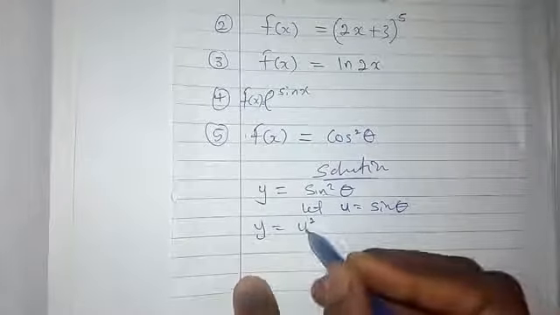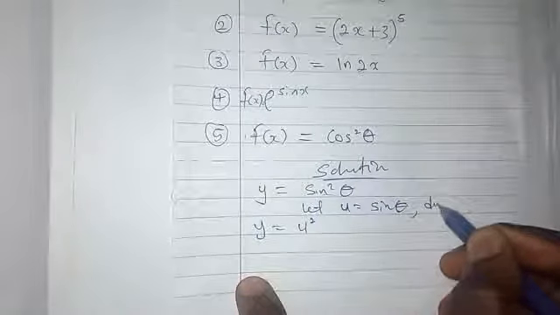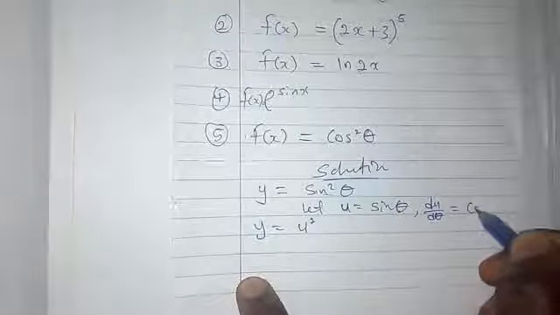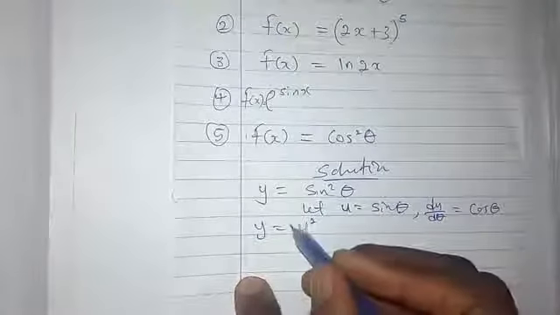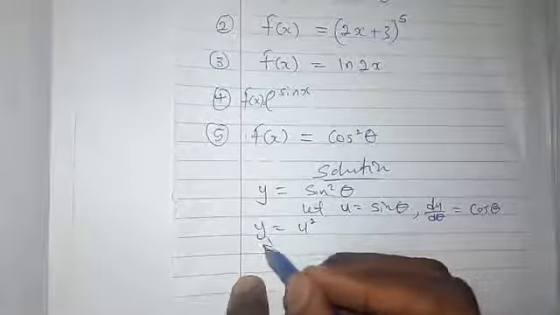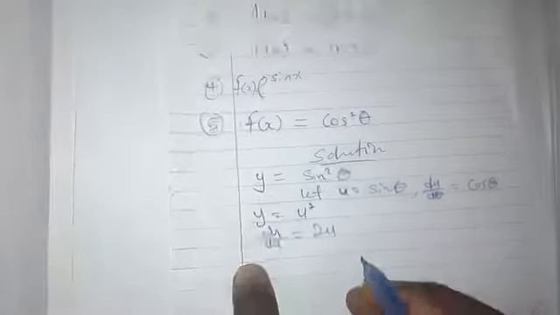If I differentiate u with respect to theta, I have du/dtheta equal to cos theta. If I differentiate y with respect to u, I have dy/du equal to 2u.